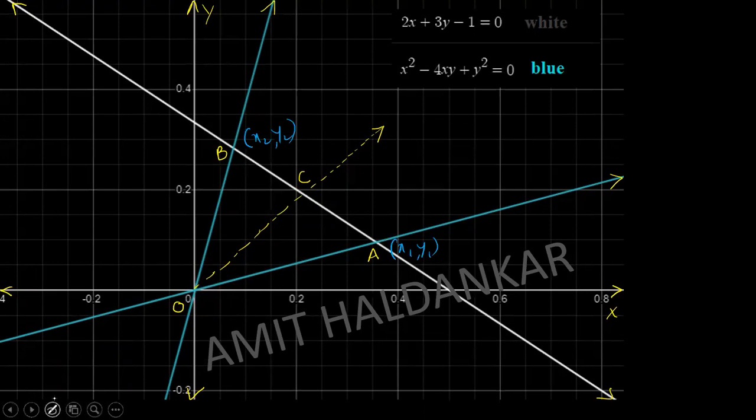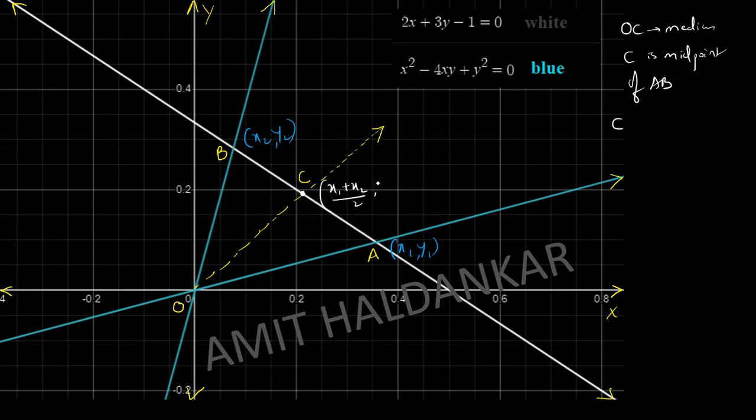Then the coordinates of C will be, since OC is the median, C is the midpoint of AB, and therefore I can say coordinates of C will be x1 plus x2 by 2 and y1 plus y2 by 2.